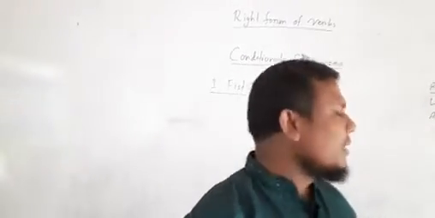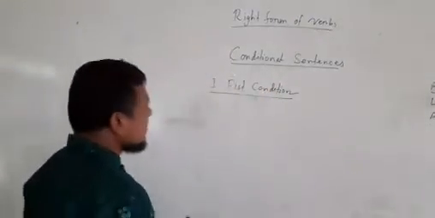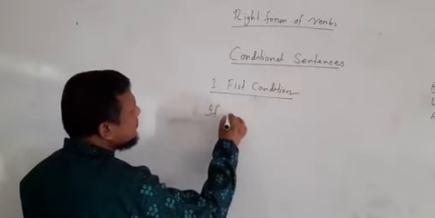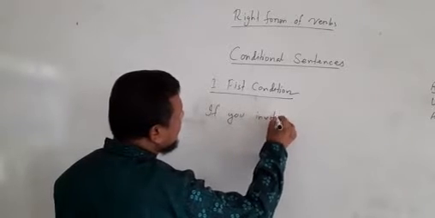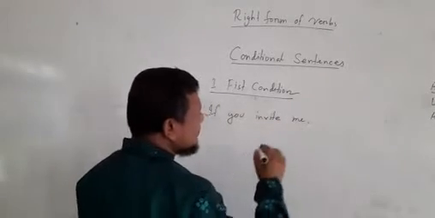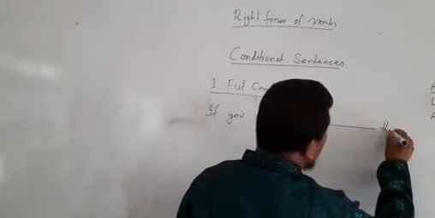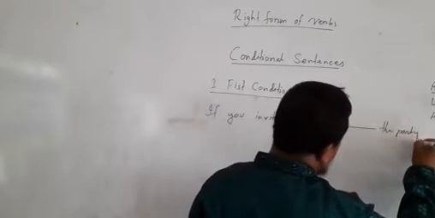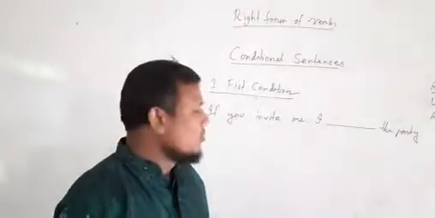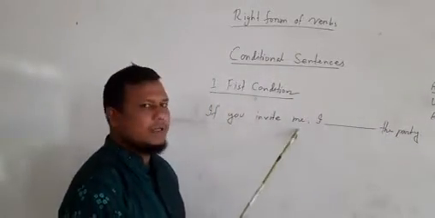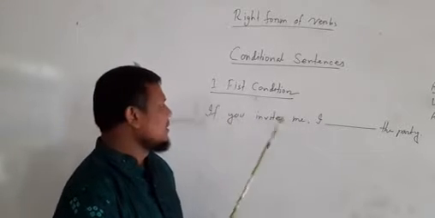But my topic is right form of verb. I want to write a sentence. If you invite me, I dash the party. In this sentence, if you invite me, it is the if clause.